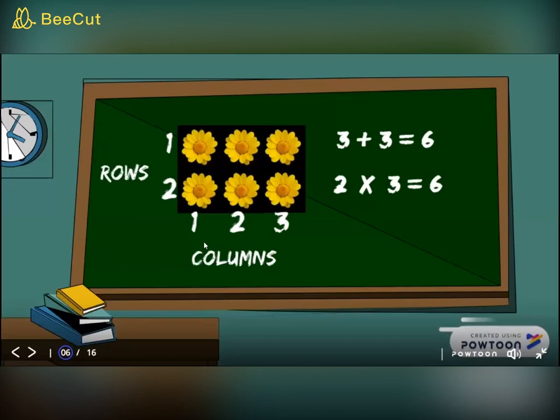How many columns do I have here? 1, 2, 3. So I write here 3. 2 times 3, the number of the rows times the number of the columns. It means I will write 3 two times. I will write 2 groups of 3. 3 plus 3, this is what? Yeah, doubles. Excellent. 3 plus 3 equals 6. So 2 times 3 also equals 6.